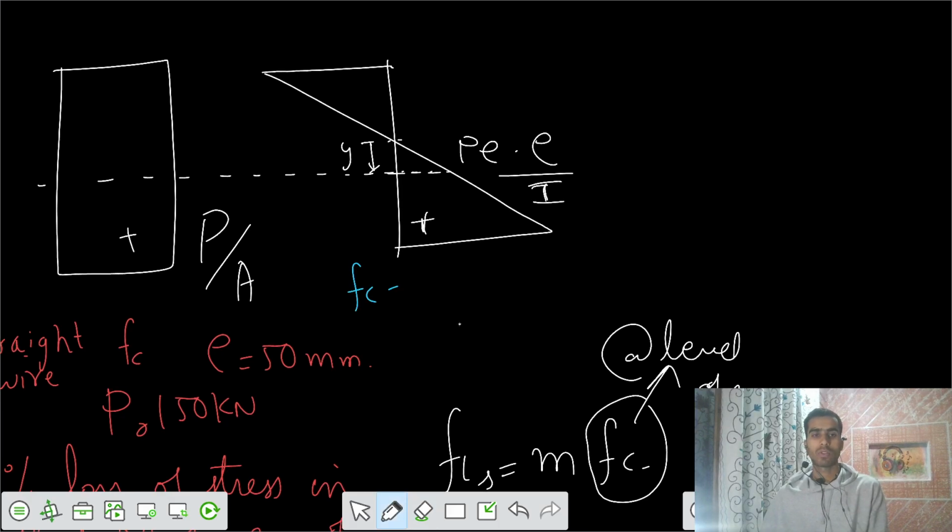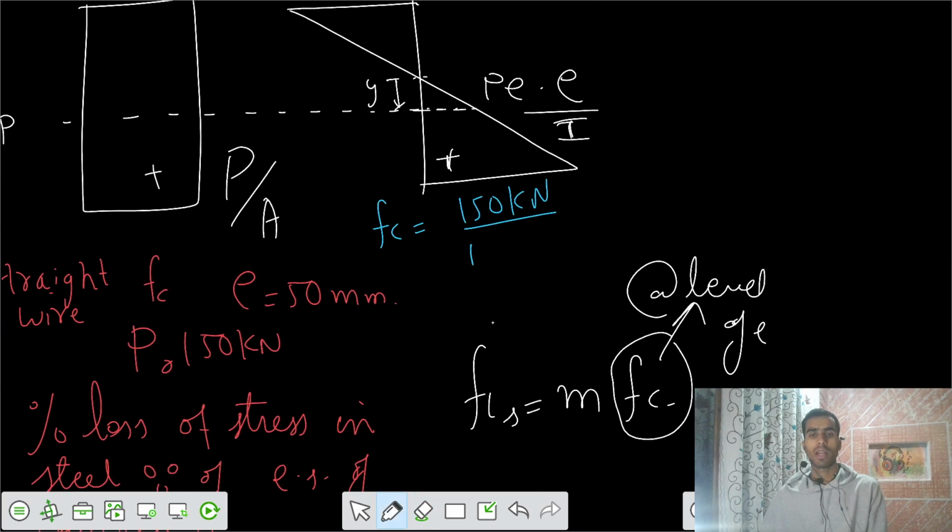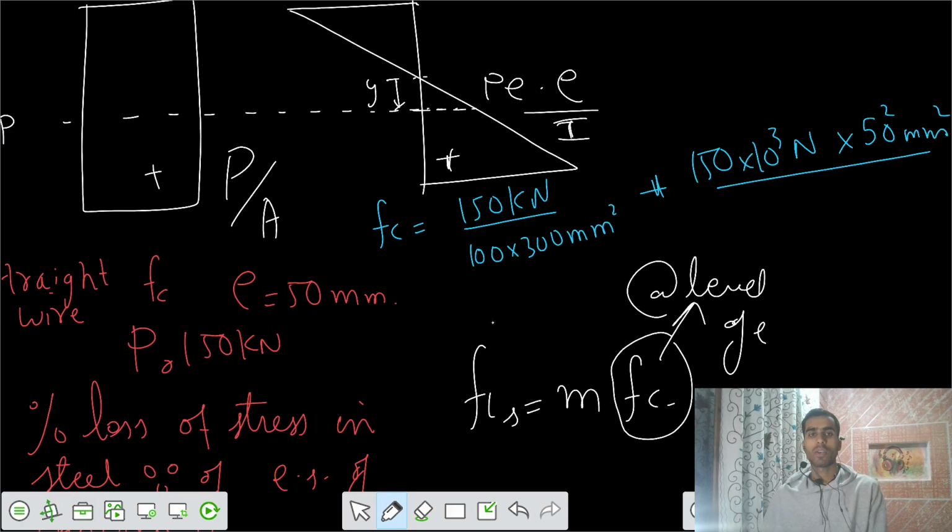So FC equals 150 kilonewton divided by the area of cross section of the concrete, 100 into 300 millimeter square, plus 150 into 10 to the power 3 Newton, into eccentricity e, 50, squared, divided by I neutral axis, bd cube by 12 millimeter to the power 4.